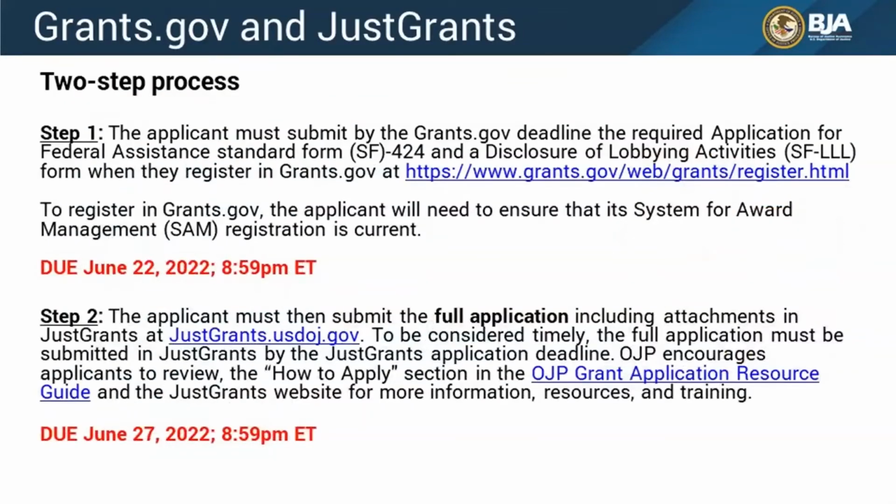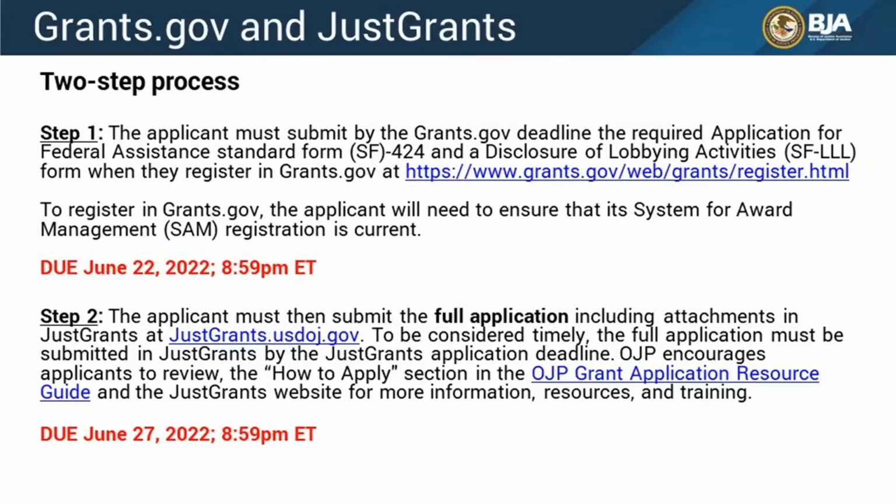There are two major steps when applying for funding opportunities in JustGrants. Step one, the applicant must submit by the Grants.gov deadline the required Application for Federal Assistance Standard Form, SF-424, and a Disclosure of Lobbying Activities, SF-LLL, form when they register in Grants.gov. This is due on June 22nd, 2022 at 8:59 p.m. Eastern.